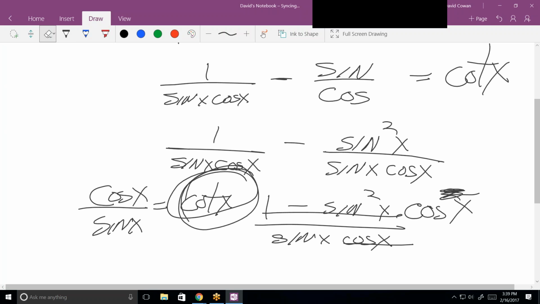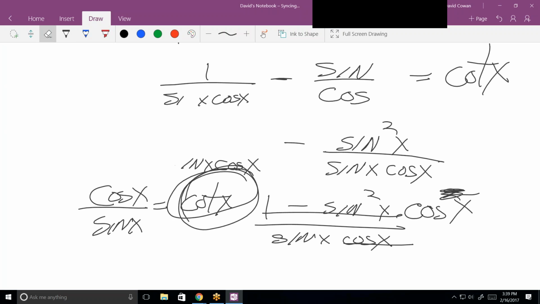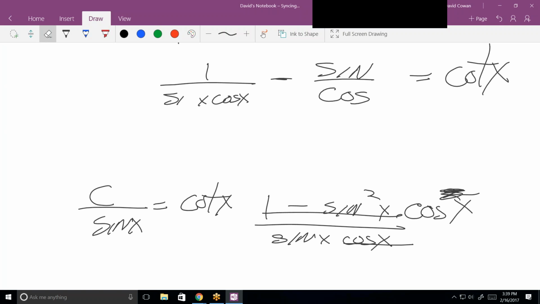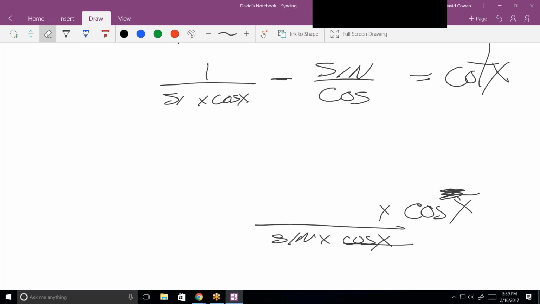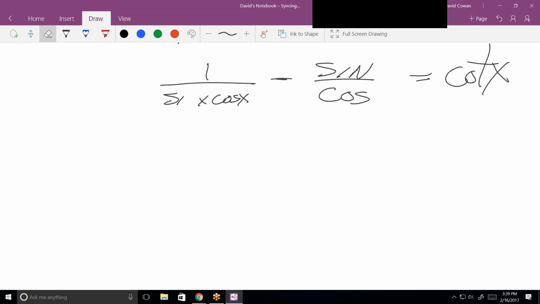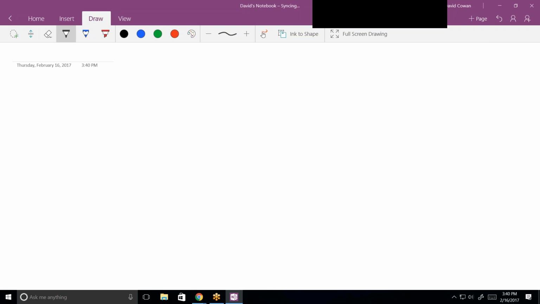They wouldn't have given you any of this, and the problem would have said, verify that the left is equal to the right. And we would have done exactly the same thing that we did. All right. What else?